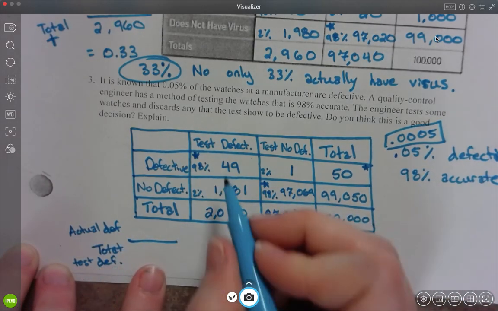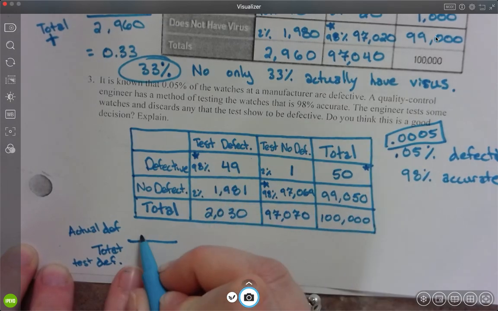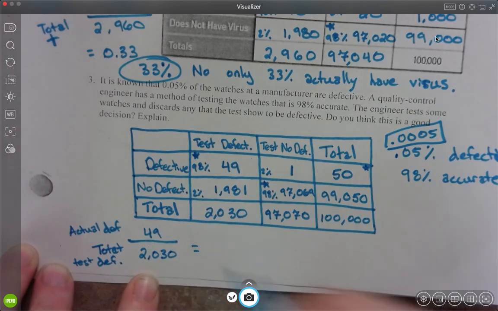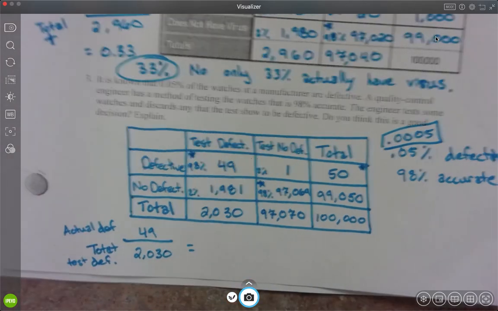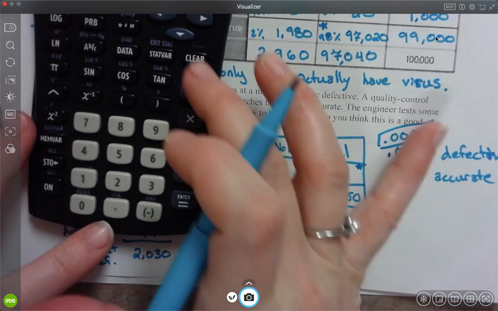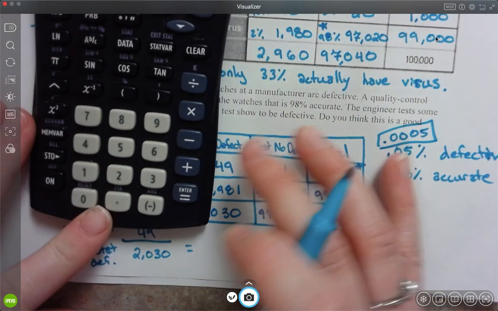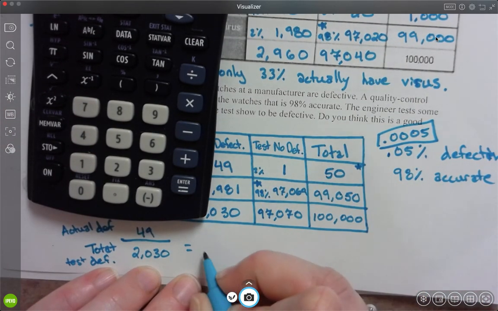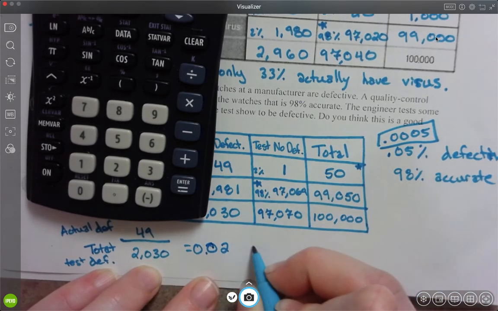Okay. So there are actually 49 out of 2,030 that are defective, right? So if I figure that out as a percentage, 49 divided by 2,030 is going to give me 0.02, let's say, so 2%.